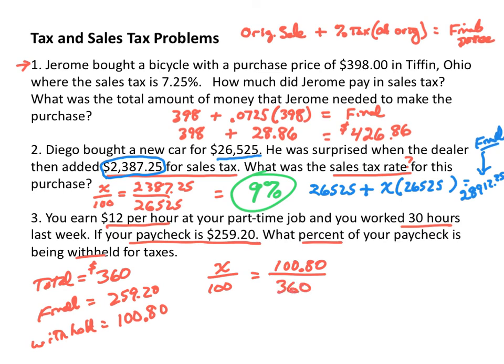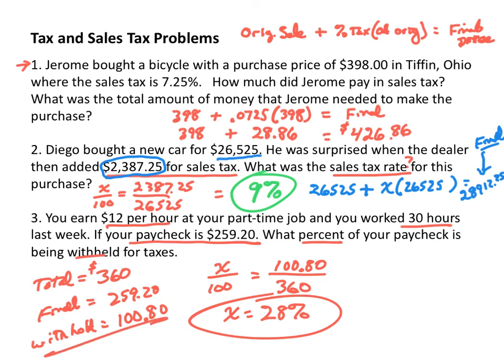And now we can divide and multiply to find that. 28%. So they're withholding 28% for taxes. Okay, so sometimes you have to do a little bit of math extra to get up to where you need to be able to solve the problem. In this case, we had to multiply $12 per hour for 30 hours to get the total amount you would have made. Okay? All right, I'm going to go on.